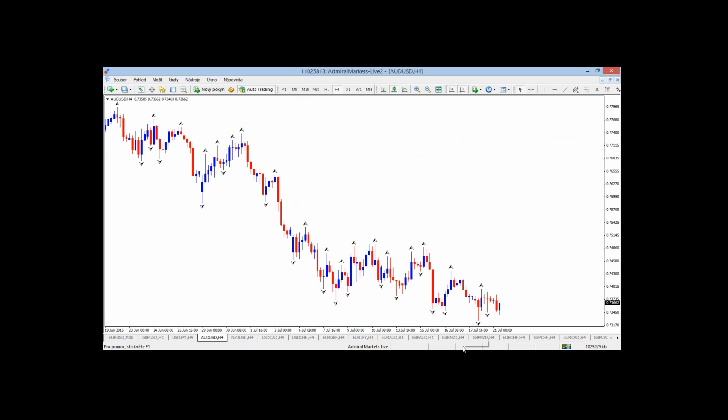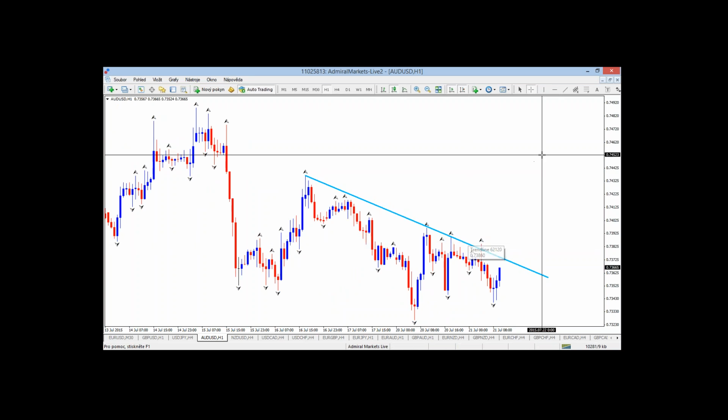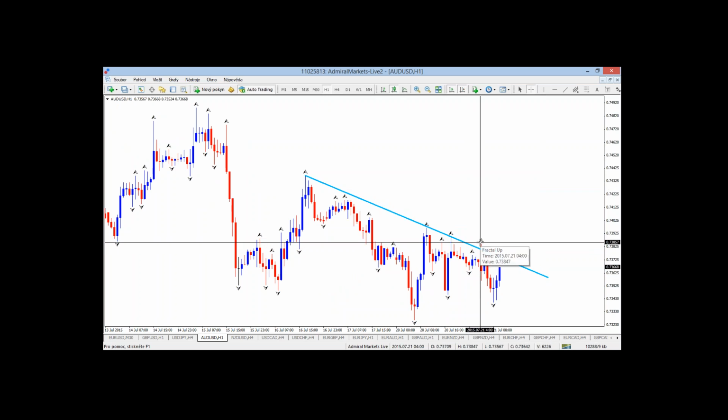Let's see. It's quite choppy at the moment. I would take a long if it breaks through this trend line. I'm not sure if it's a pending order.